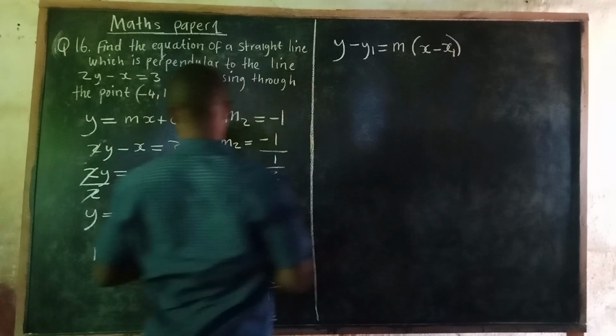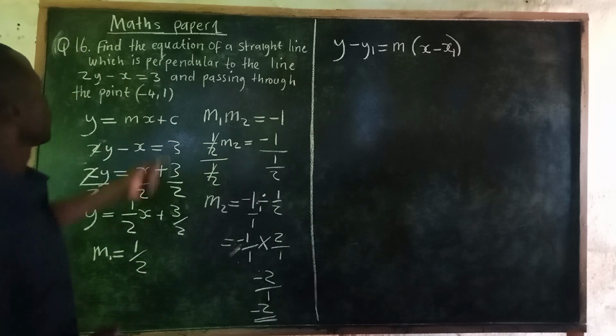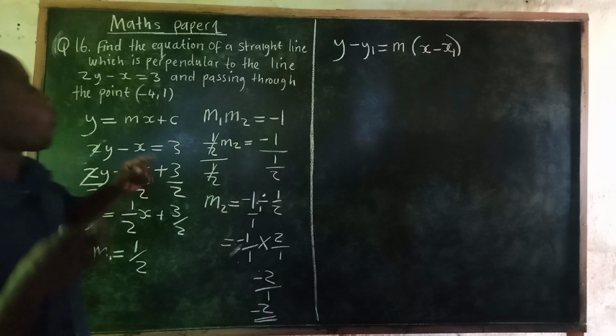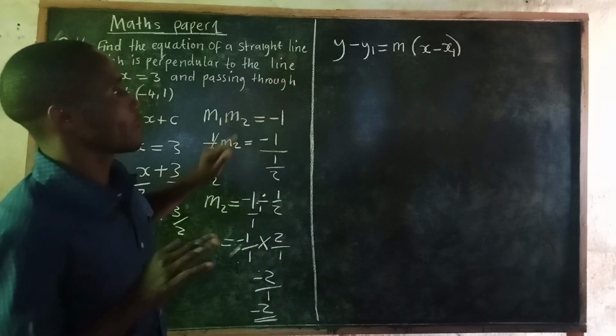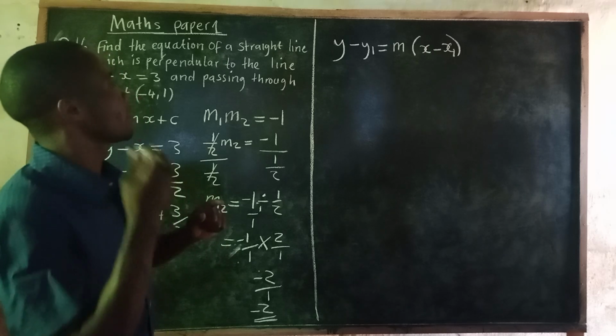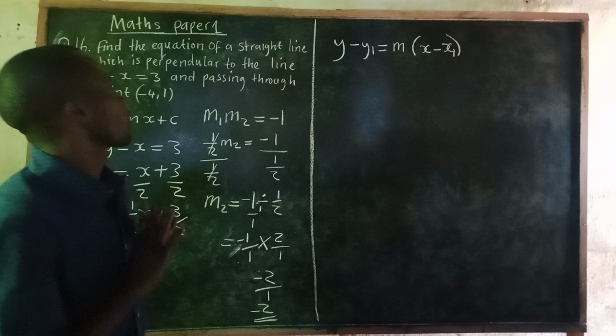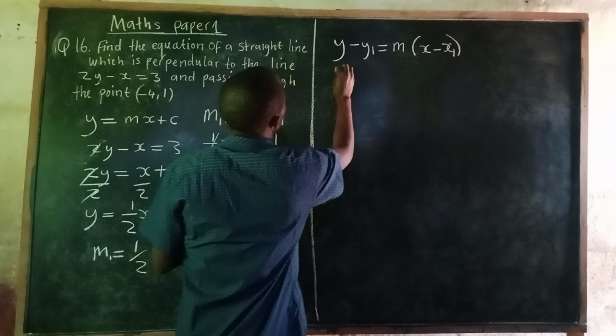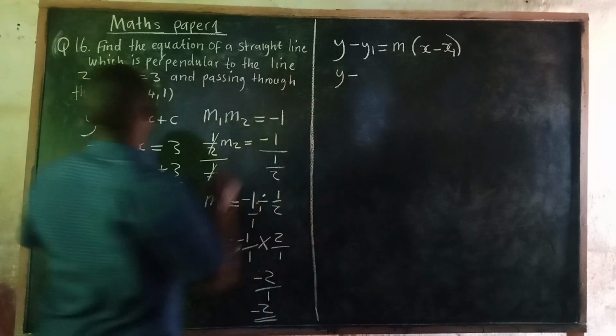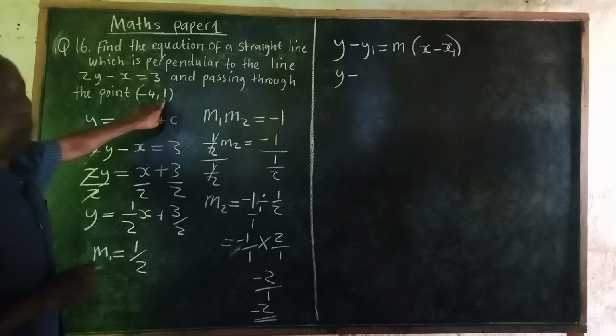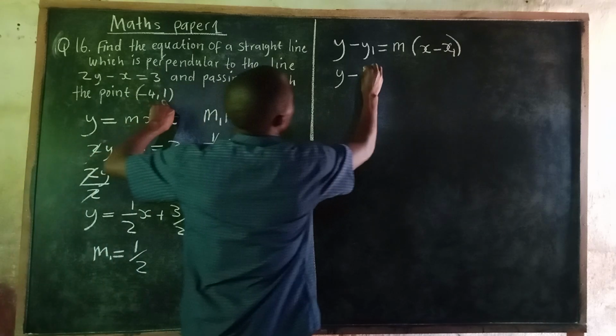So now you are going to substitute, okay? Since you have everything. When it comes to coordinates, you are just going to substitute where there is y1, then x1. So we are going to say y minus y1. y1 here is what? Is 1. Okay? So you put 1 here.